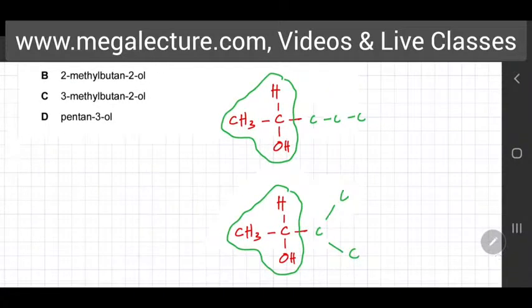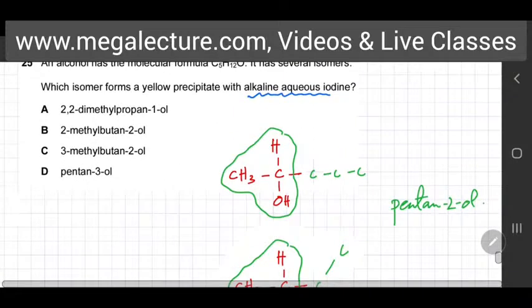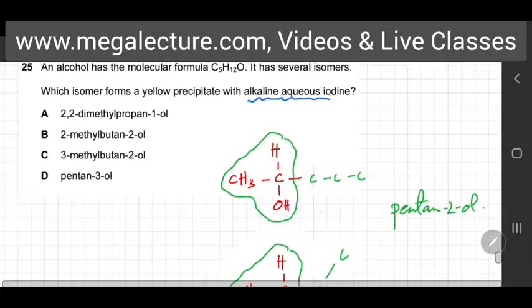So this one over here is 5 carbon atoms, so that's pentane 1-ol. 1, 2, 3, 4, 5. Not 1-ol, the OH is on the second one, so let's correct that. That one is actually pentane 2-ol, which I don't think is an option. They've given pentane 3-ol, but not pentane 2-ol.